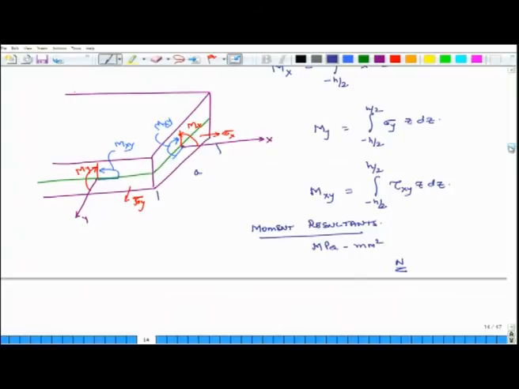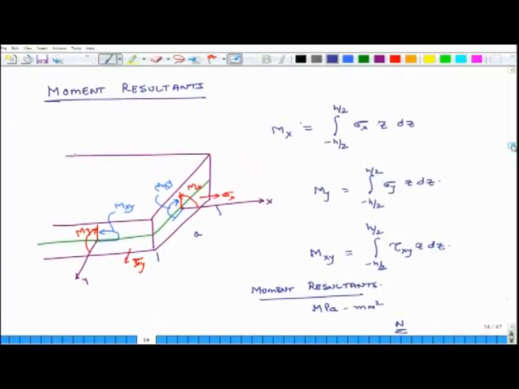Okay. So, next we will actually calculate mx, my, mxy, nx, ny, nxy in terms of strains. We already know how these stresses sigma x, sigma y, tau xy are related to strains.